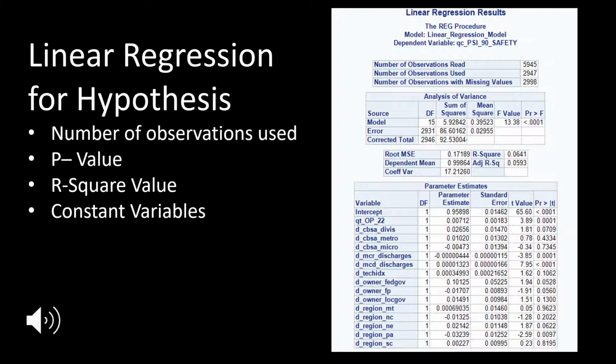So if you're looking at the variable QTOP22, that means for every patient that leaves the emergency department before being seen by a physician, that increases the safety complications by 0.007.